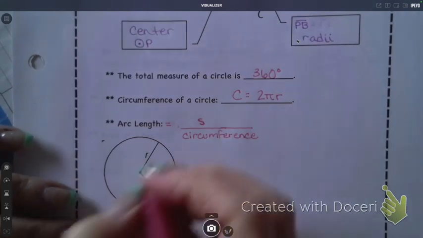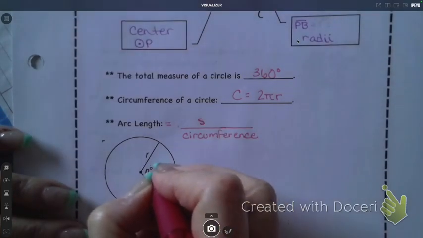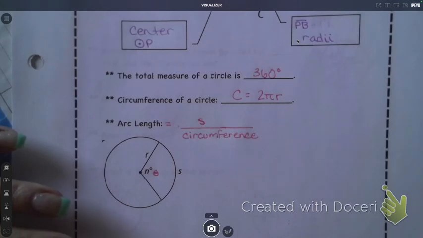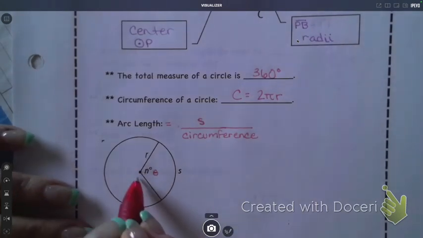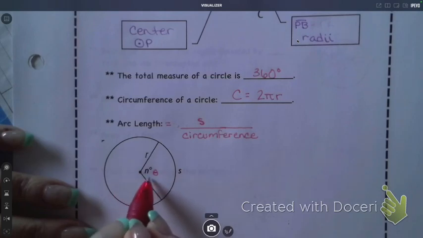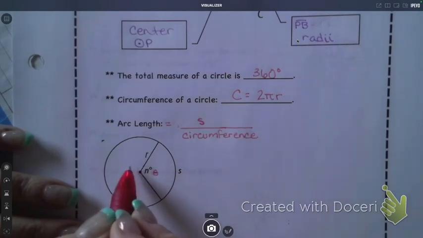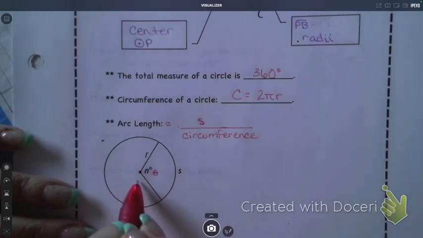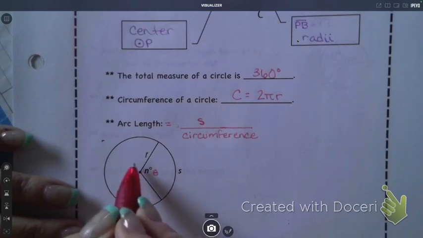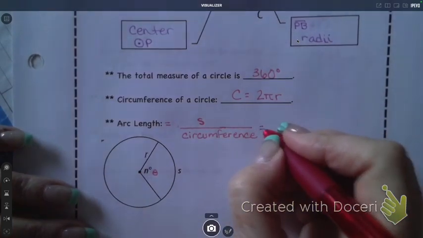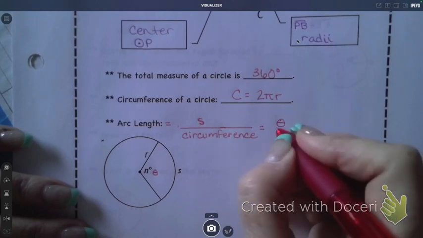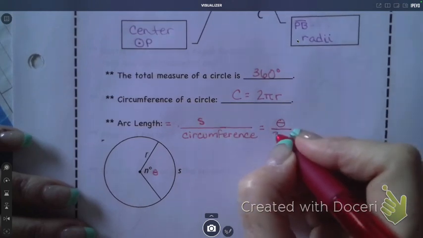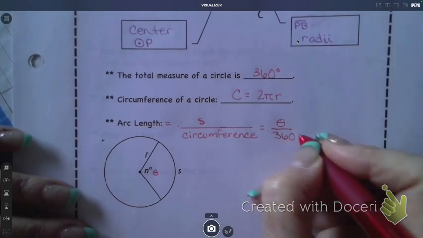Well, isn't theta, we're going to call it theta, that central angle, a fraction of how much? What's the whole thing? 360.